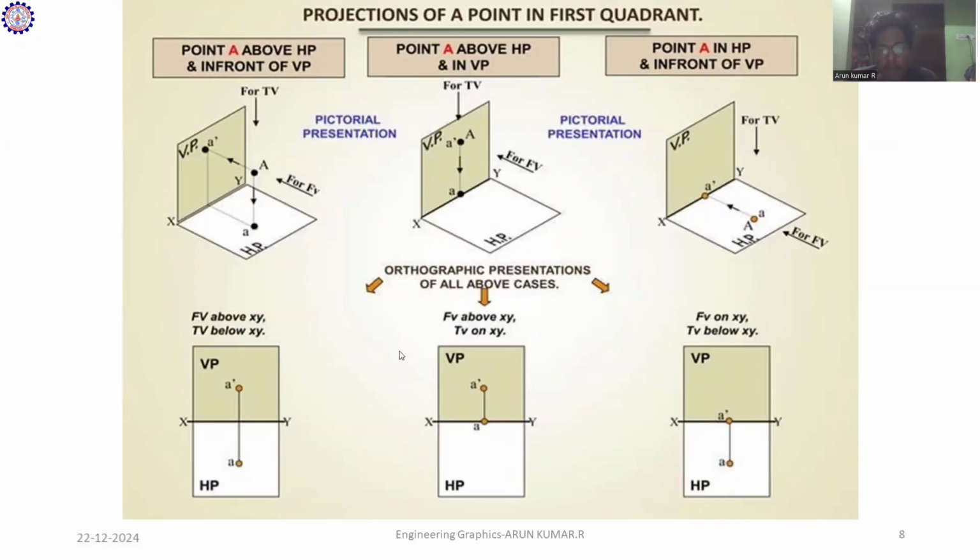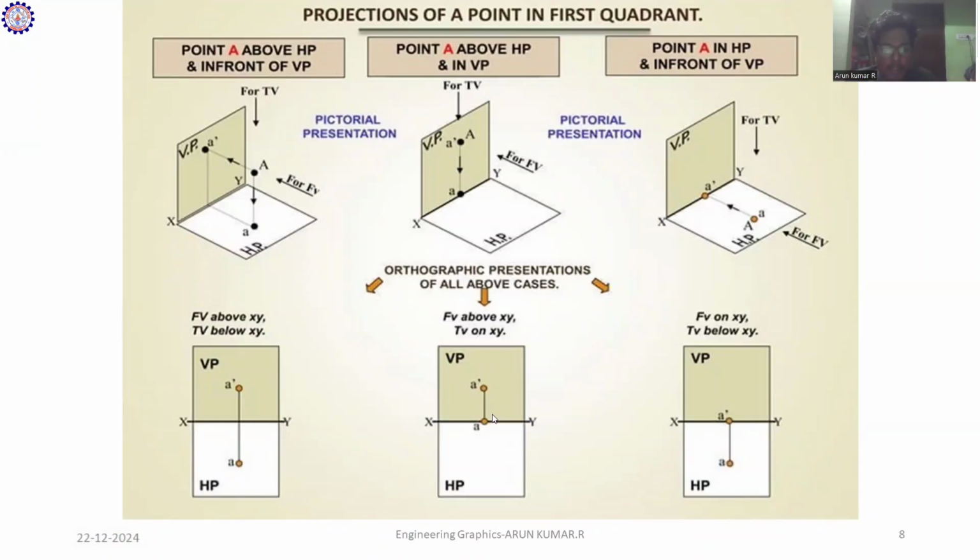This is the orthographic representation of all the above cases. This is two-dimensional, and that is three-dimensional. For understanding, we see the three-dimensional diagram, but whenever you solve problems, the two-dimensional diagram is more than enough. For the first case, the point A is above HP and in front of VP.